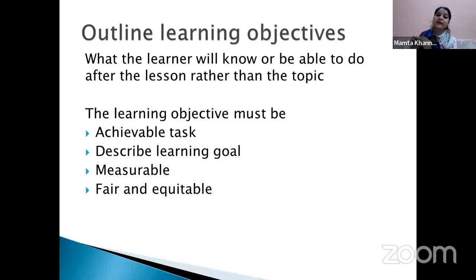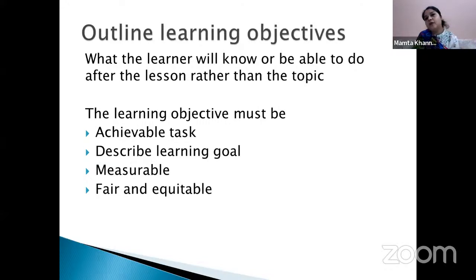So that is why it has to be achievable. When you're planning a learning objective, just think whether it is achievable or not. Contradict with your own thoughts. This is very important for a teacher when she is going to take the lesson in the class.